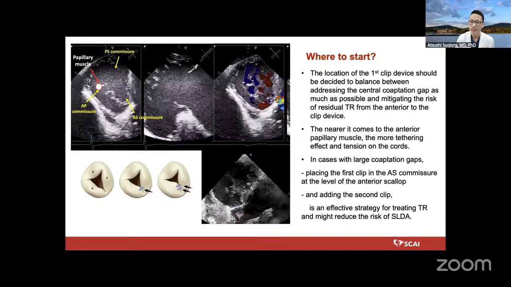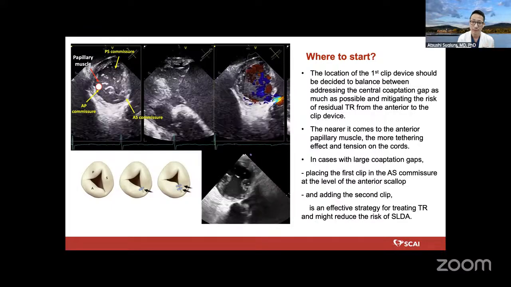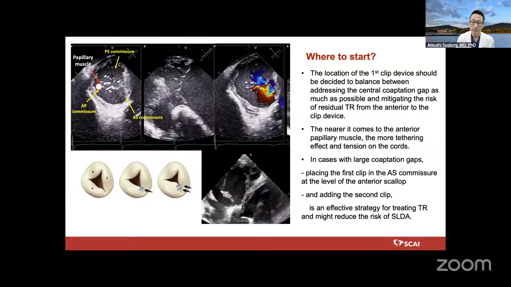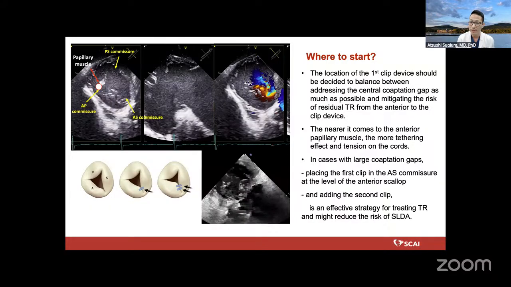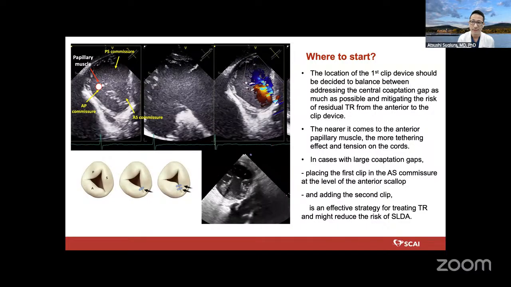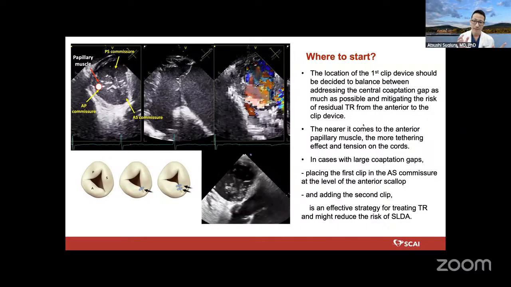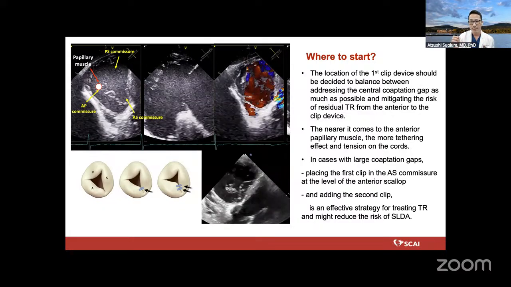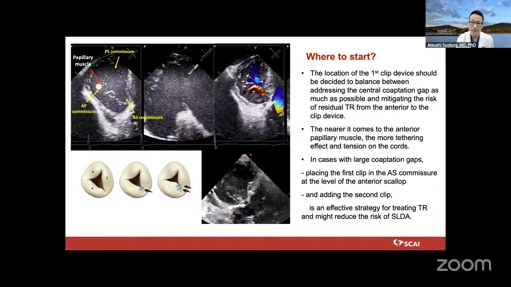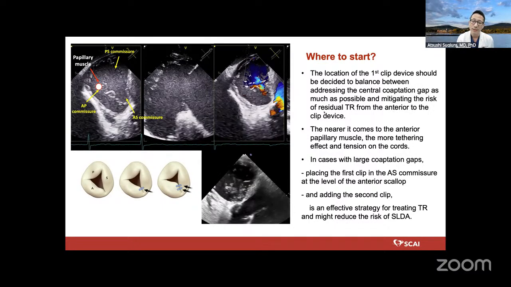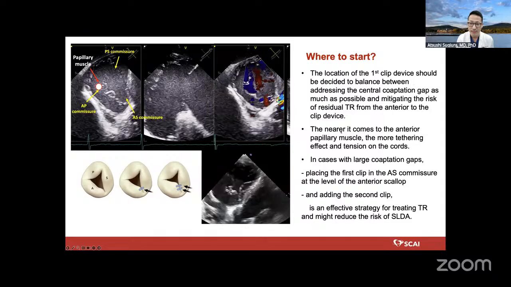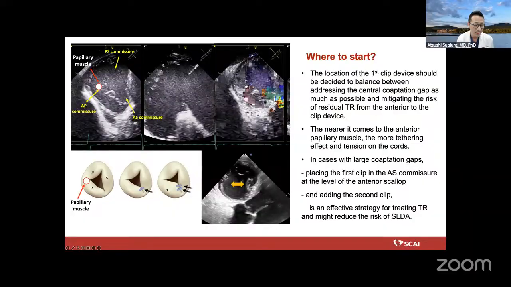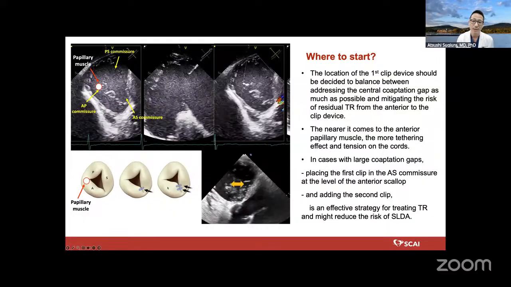I know we always prefer anterior-septal clipping, but where in the anterior-septal commissure? The location of the first device should be decided to balance between addressing the central coaptation gap as much as possible and mitigating the risk of residual TR from the anterior. We also have to keep in mind that the nearer it comes to the anterior papillary muscle, the more tension or tethering effect on the cord.